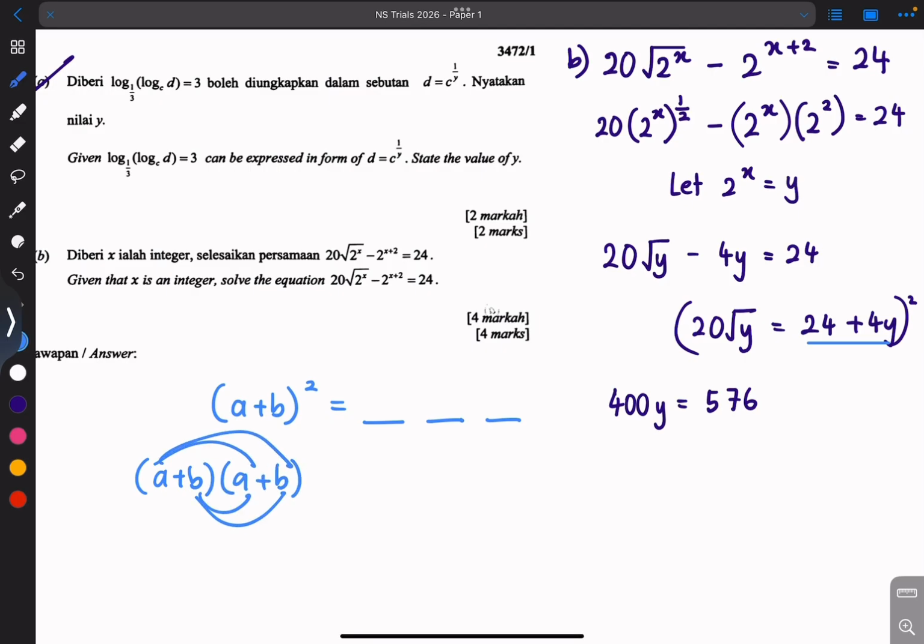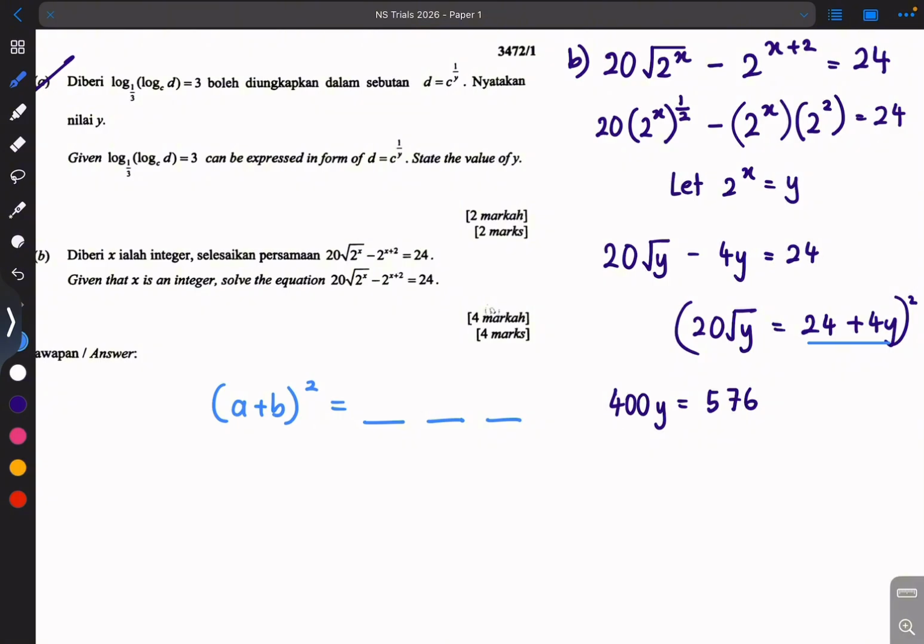You will still get three terms, but you can also use the shortcut where the first term is a to the power of 2, a squared. The last term over here is b to the power of 2, b squared. Then the middle term here will be 2 times the first term times the second term.